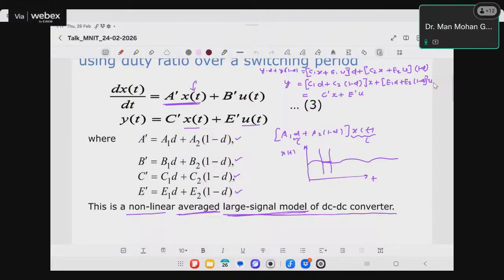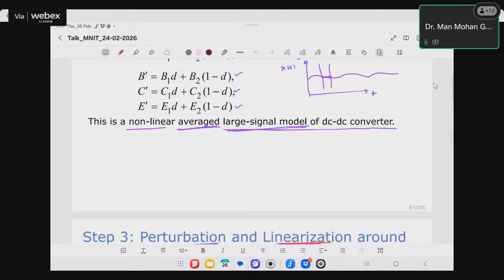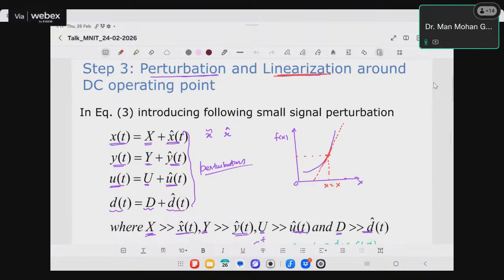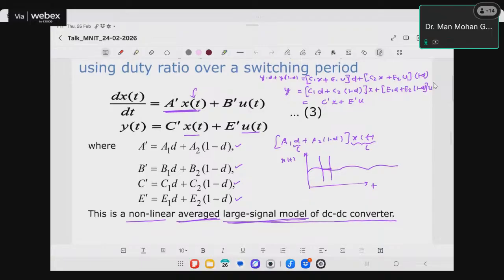As for the controller design, we need a linear model. So we do linearization, introducing perturbations around the DC value. And after introducing these perturbations, we substitute these variables x(t), y(t), u(t), and d(t) in our nonlinear averaged model.